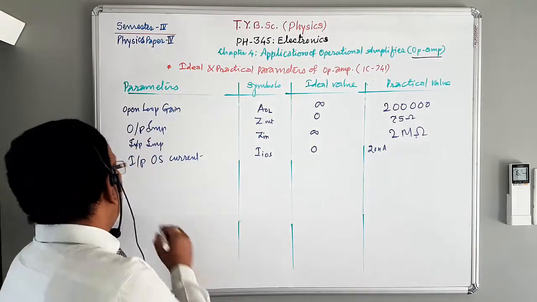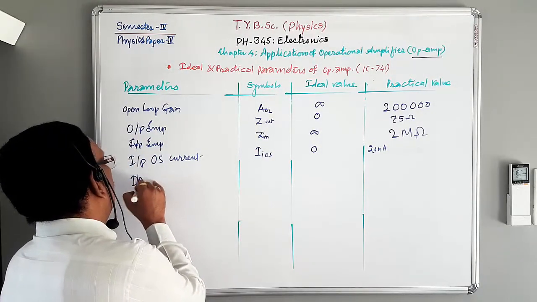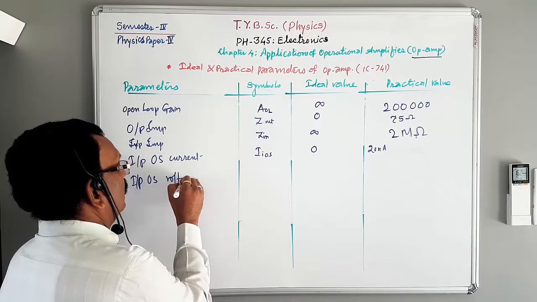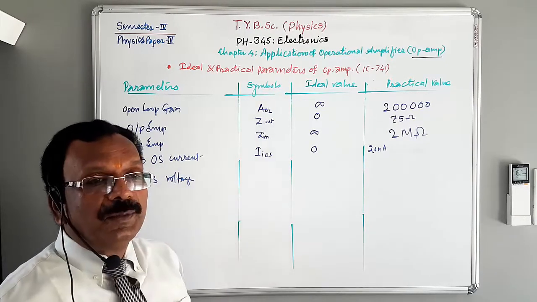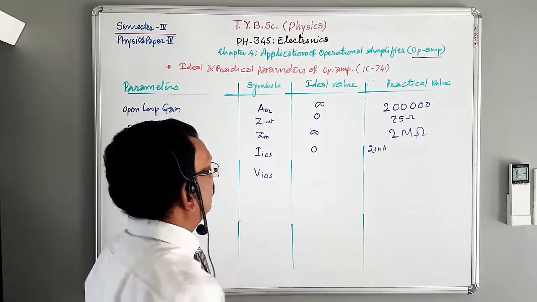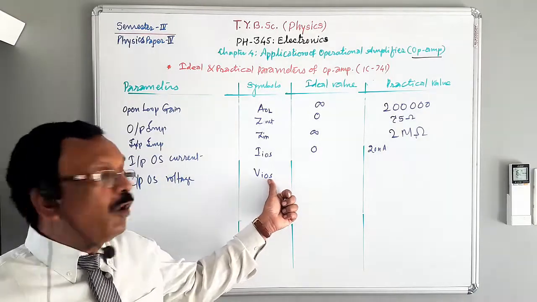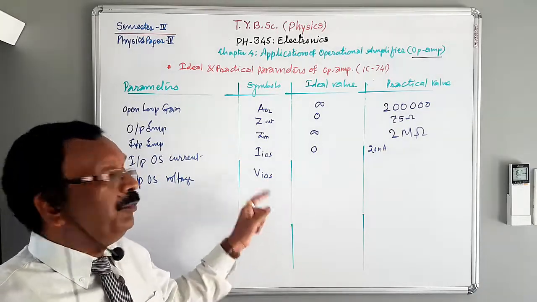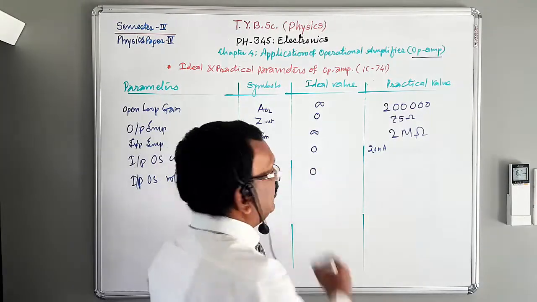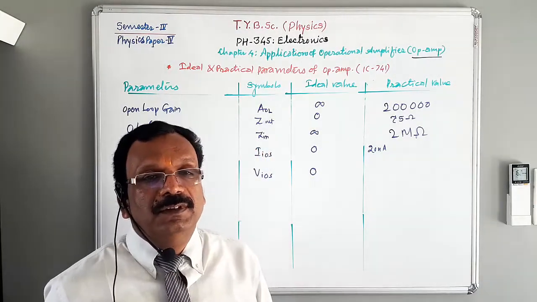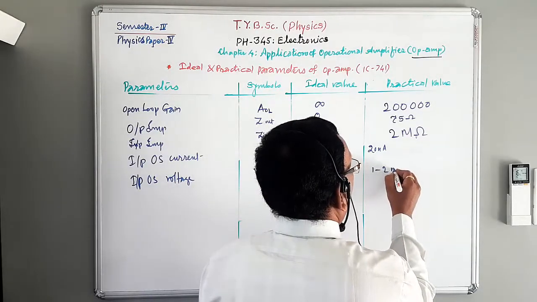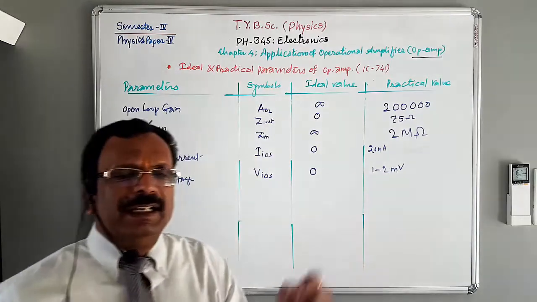Then input offset voltage. This is one of the important parameters, that is VIOS. OS stands for offset, input offset voltage. This is ideally 0, but practically it is 1 to 2 millivolt, very little.